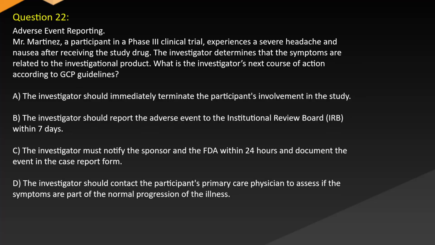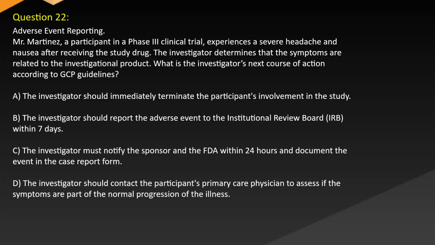Question 22. Adverse event reporting. Mr. Martinez, a participant in a phase one clinical trial, experiences a severe headache and nausea after receiving the study drug. The investigator determines that the symptoms are related to the investigational product. What is the investigator's next course of action according to GCP guidelines? A. The investigator should immediately terminate the participant's involvement in the study.